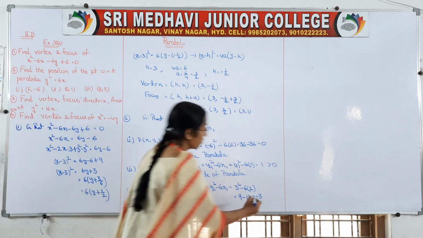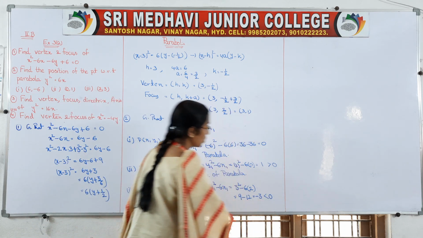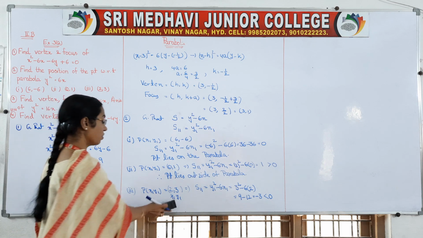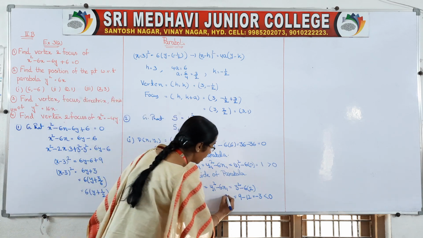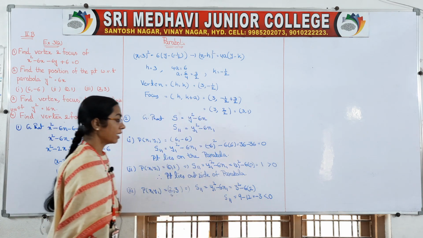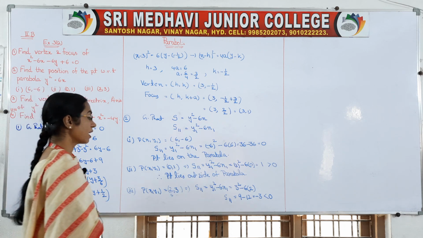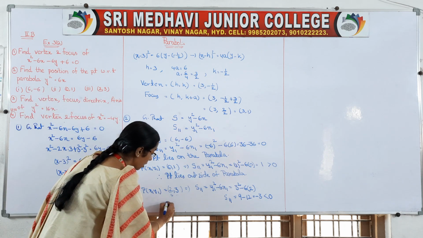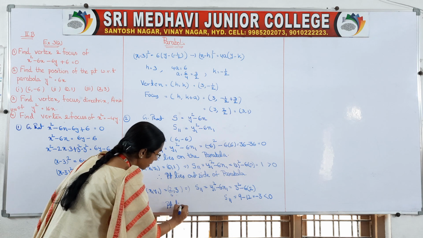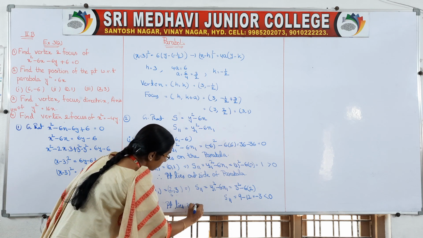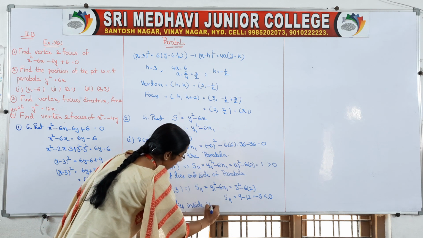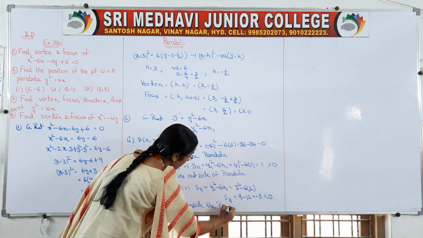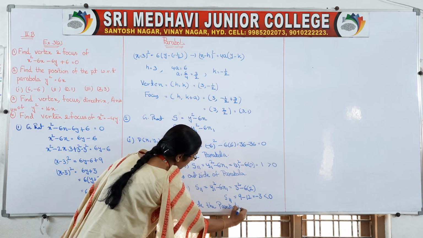Minus 3 means which is less than 0. Okay. So if your S11 is less than 0, then point lies inside the parabola. Okay, so these are the two questions.